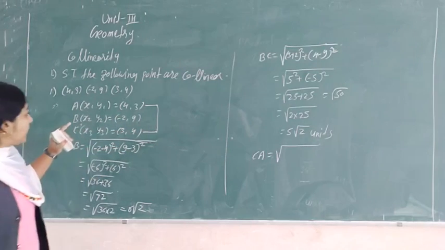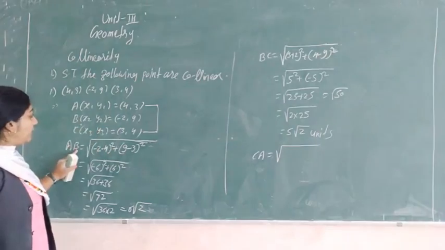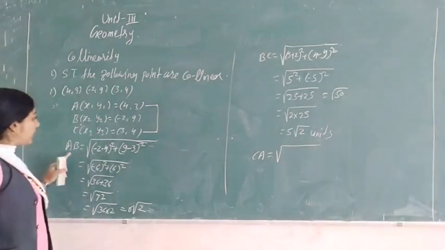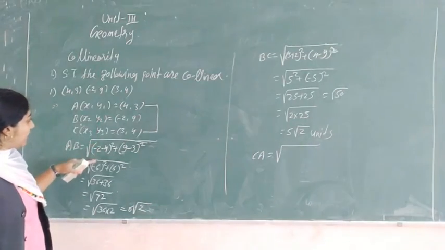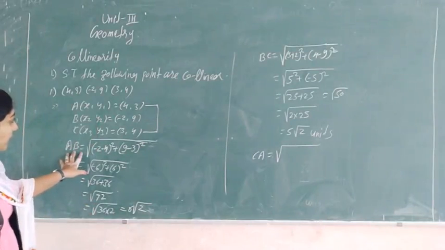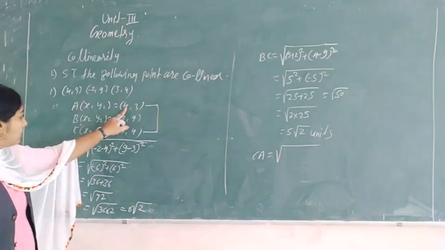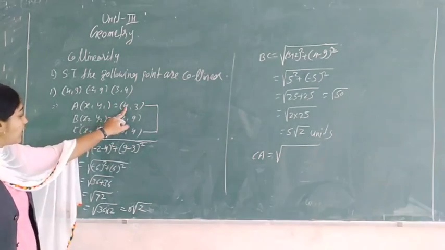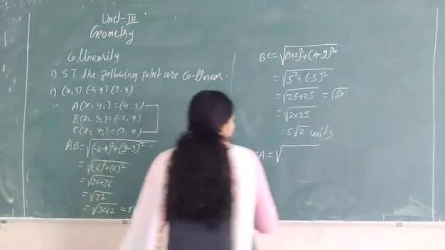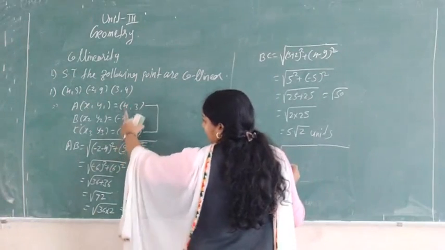If you are considering AB, we take the B element first minus the A element. Similarly we consider CA, or AC, write it in any way, no problem. You will get this minus this.